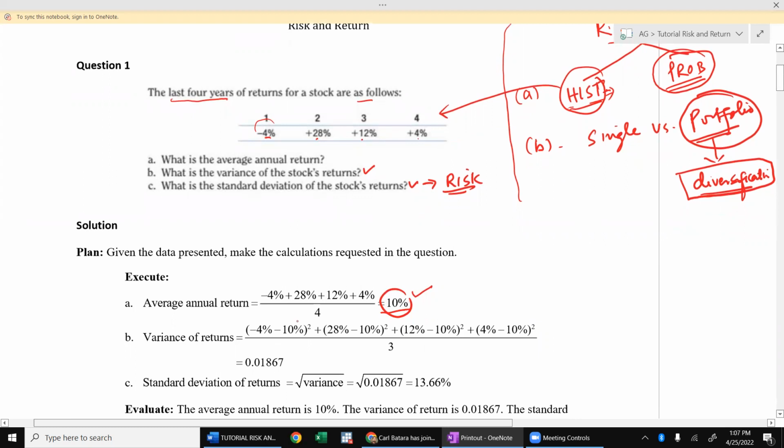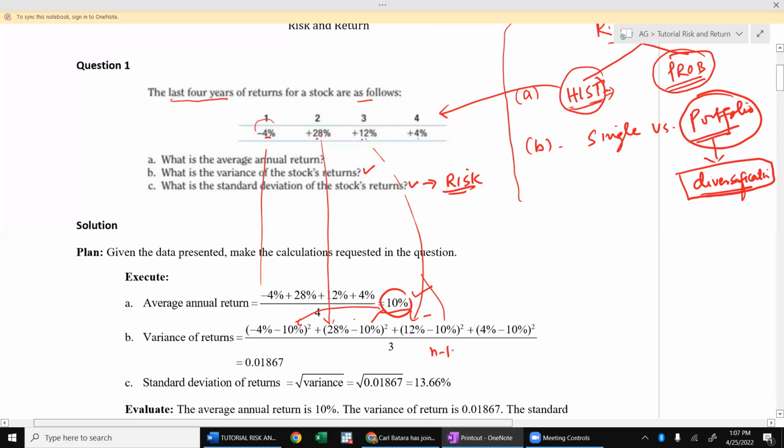For that, we take each individual return minus this average return, and so on for each year, and then divide by n-1. In sample variance we use n-1.